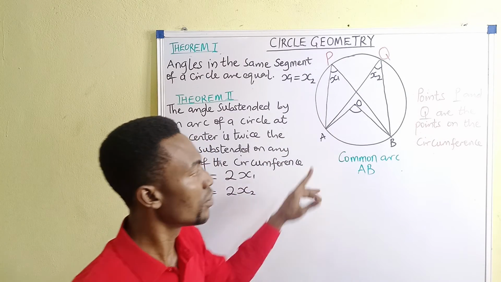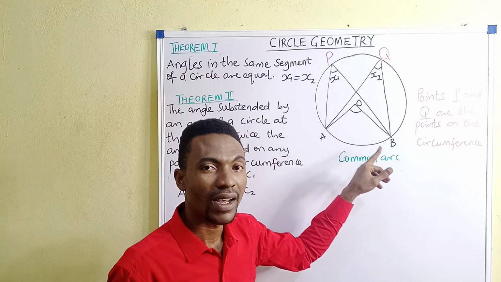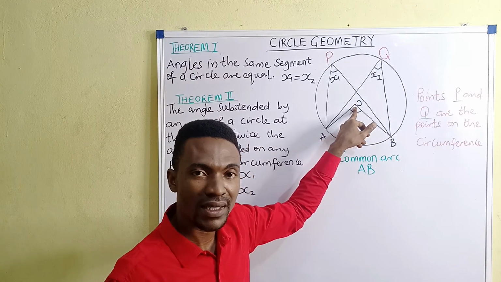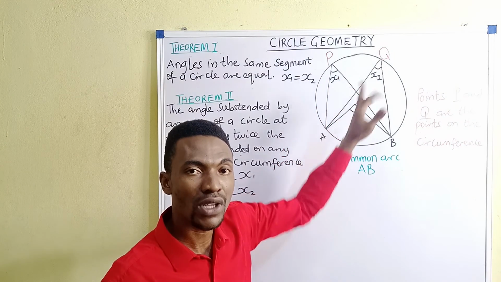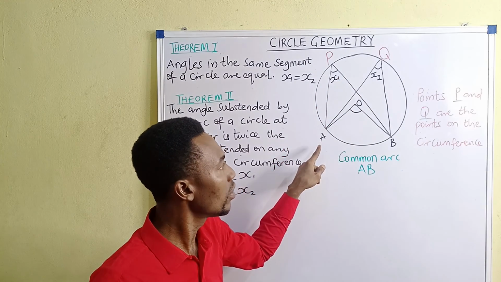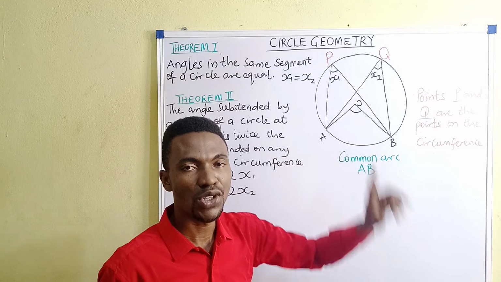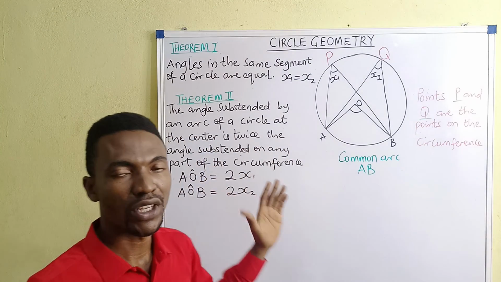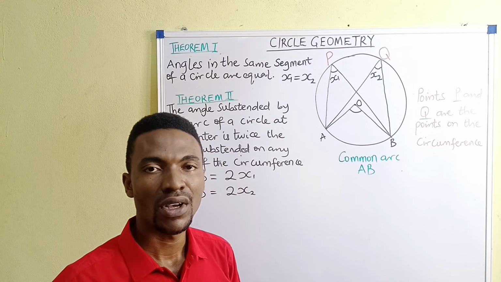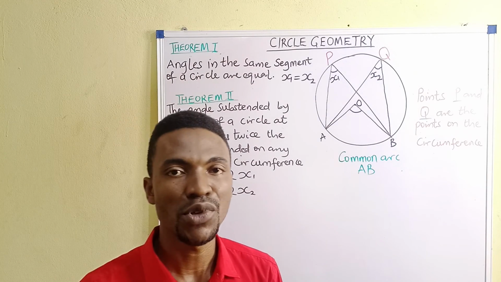Also, if they both originate from the same arc, on the center an angle is subtended, and on the circumference angles are also subtended. The angle at the center is always twice the angle at the circumference. So please, you can make a note of this, but ensure you understand what we are talking about so that in our next class, we use them to solve problems.